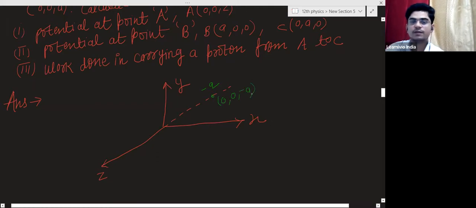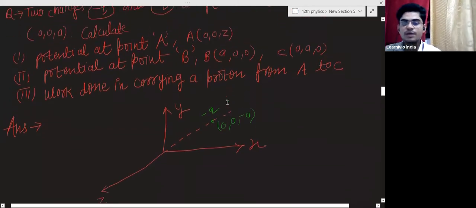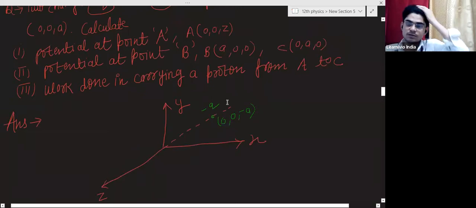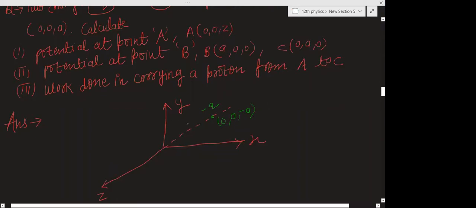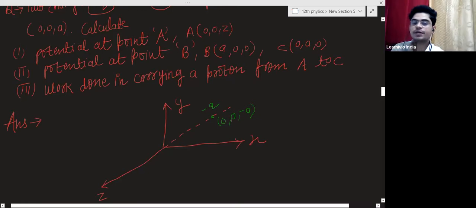Why am I writing this 0, 0, minus a on the z-axis? Because the x and y coordinates of this point are 0, so this point will lie on the z-axis.